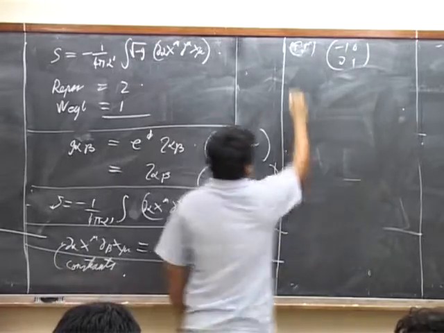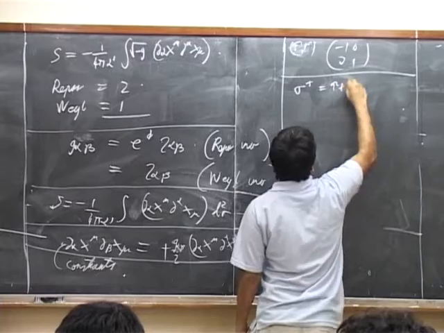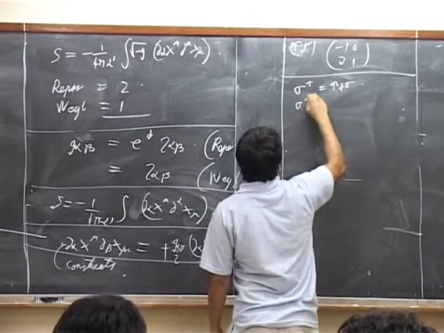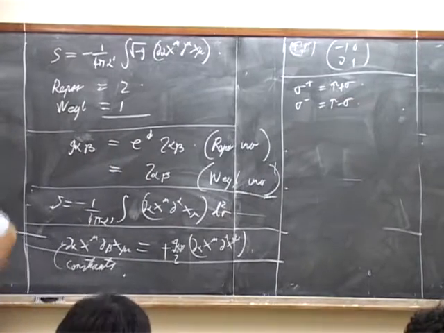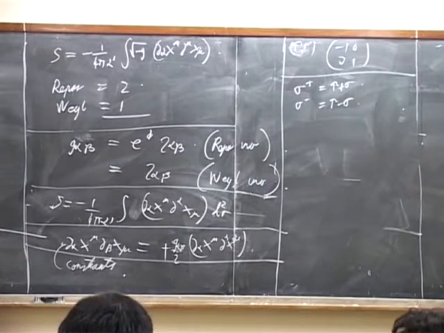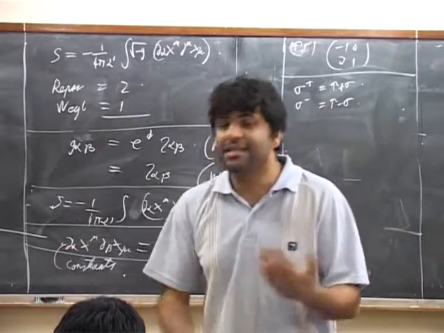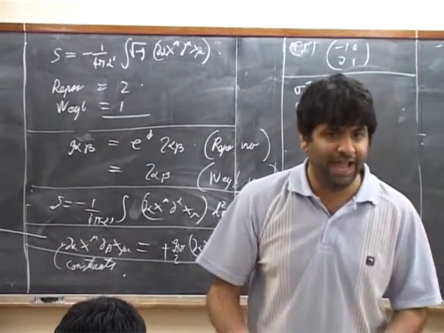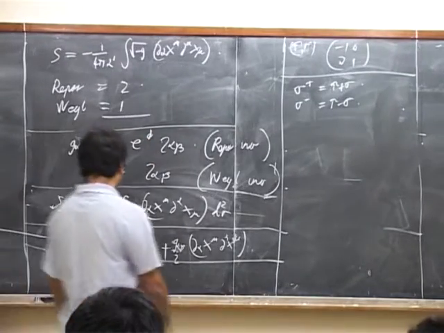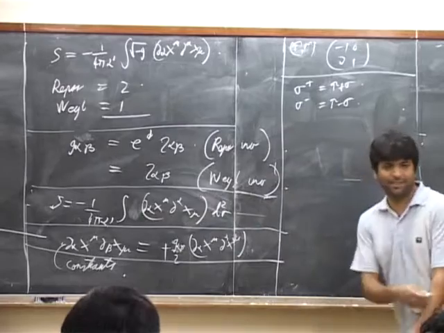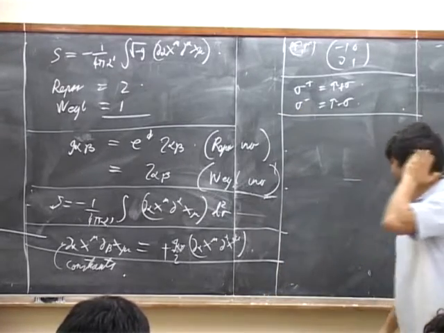But let's now move to a new set of coordinates, sigma plus, which is tau plus sigma, and sigma minus, which is tau minus sigma. And let's write everything on the worldsheet string, everything in the action, in terms of these variables. Every derivative in terms of derivatives for sigma plus and sigma minus. So we're going to transform this action into that form. That's very easy to do. So let's remind ourselves how things work.